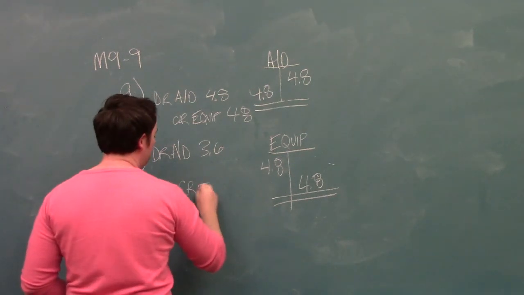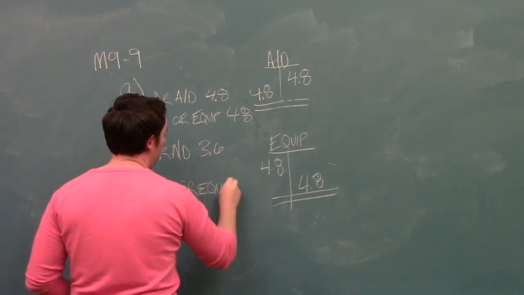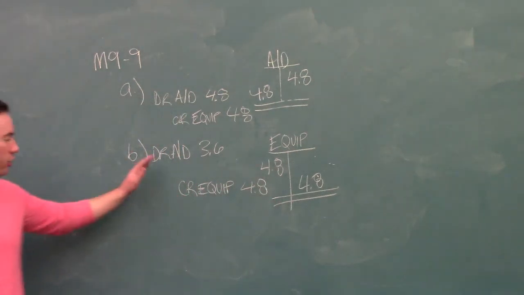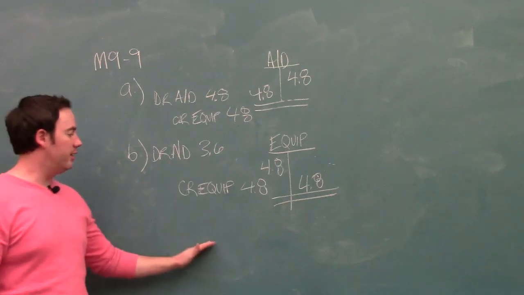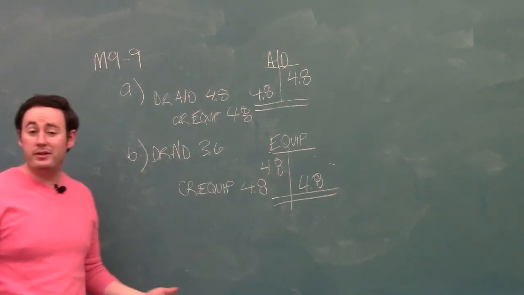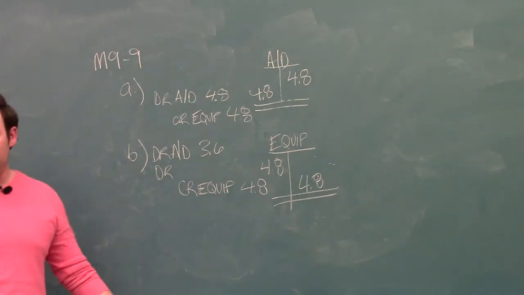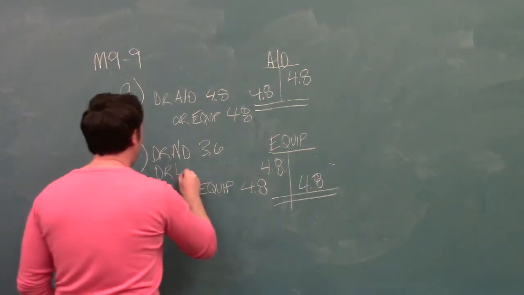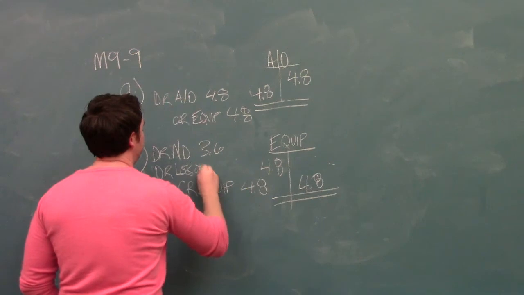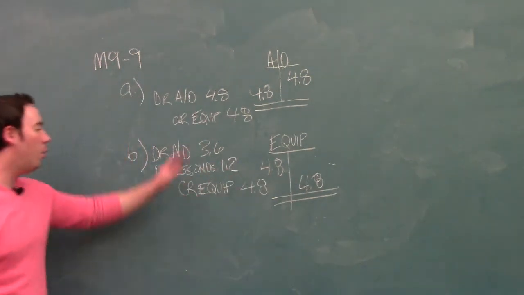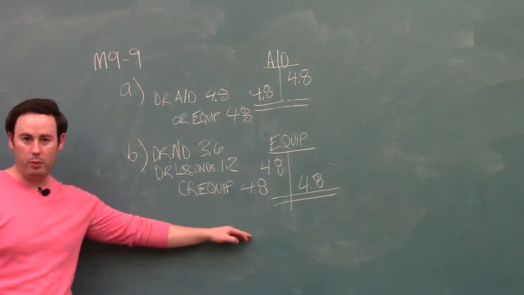Its cost did not change, so we'll credit equipment or credit computers or whatever account you want to use. 4.8, right? Now our journal entry doesn't balance. 3.6 on this side, 4.8 on this side, right? What's the difference? It doesn't tell us that we receive any cash, so we have to assume that this difference goes to loss on disposal. Now 1.2 and 3.6 balance to our 4.8, right?